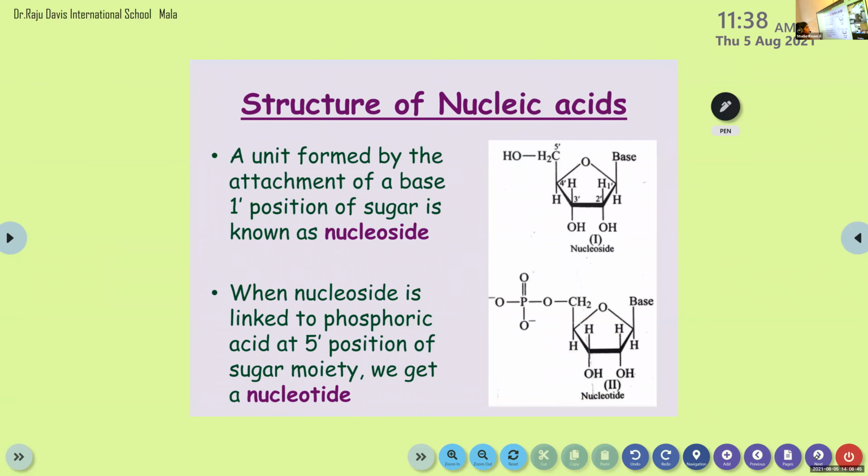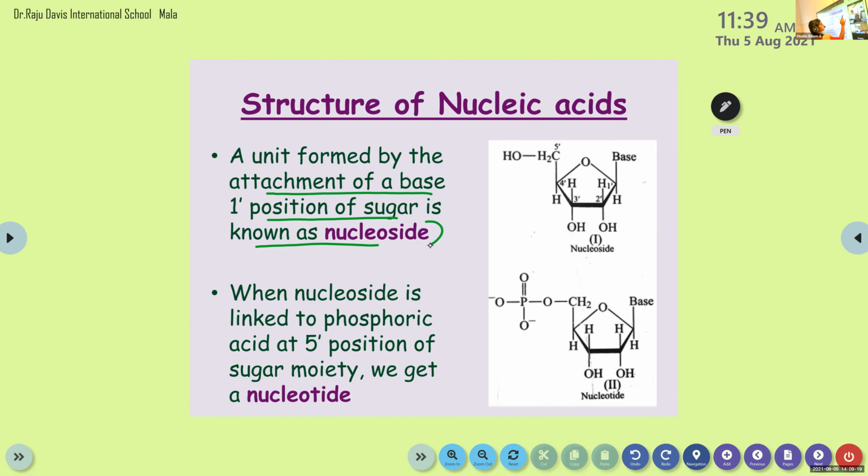Structure of nucleic acid. A unit formed by the attachment of a base to the one position of sugar is known as nucleoside. We know that there are 3 components: sugar, base, phosphate group. You look here, this one is an example for the nucleoside.